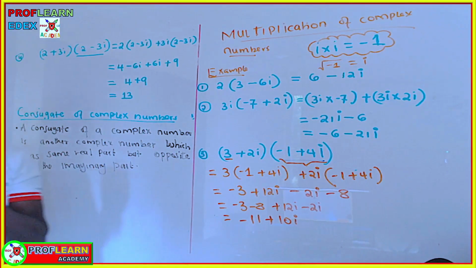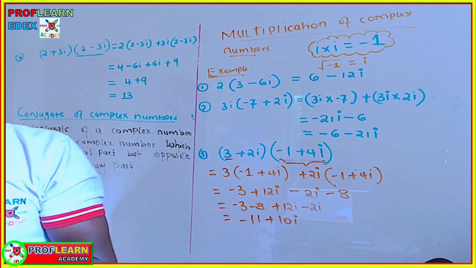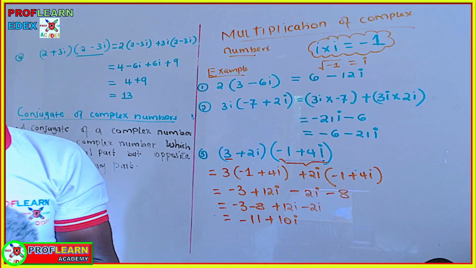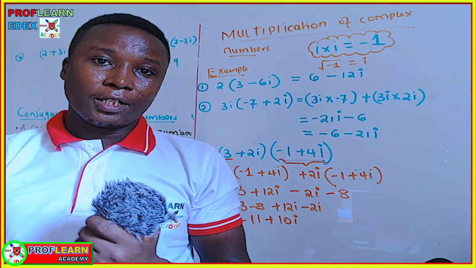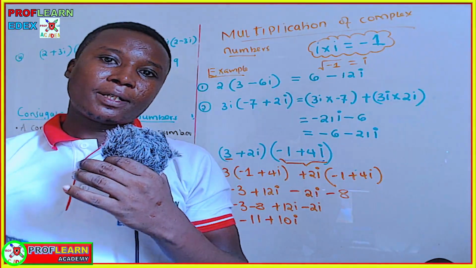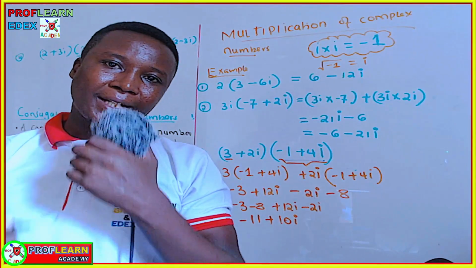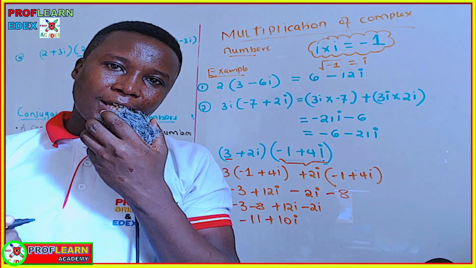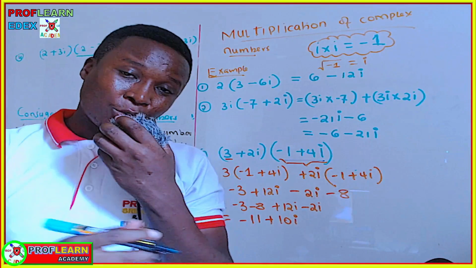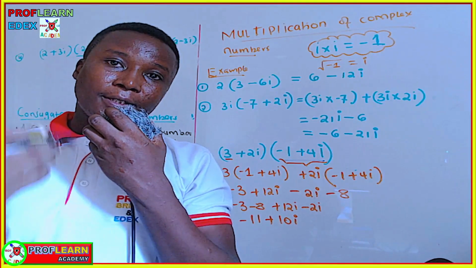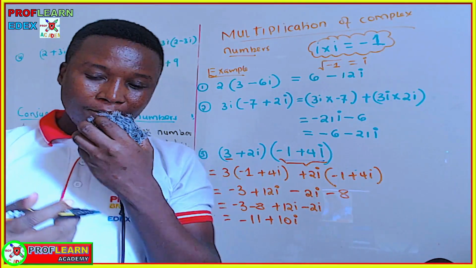So that is a simple definition of a conjugate of a complex number. Every complex number has got a conjugate, and the conjugate and the complex number that we're talking about differ only in the sign of the imaginary part.